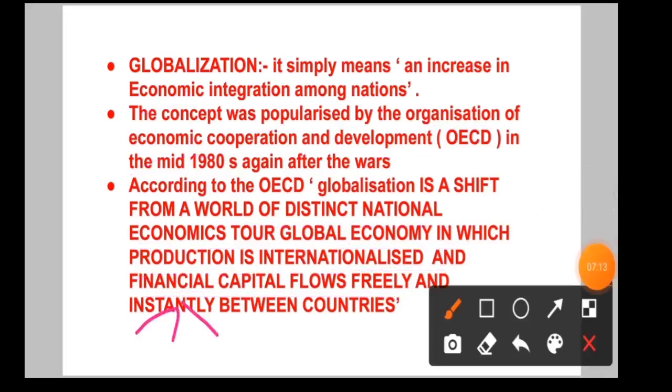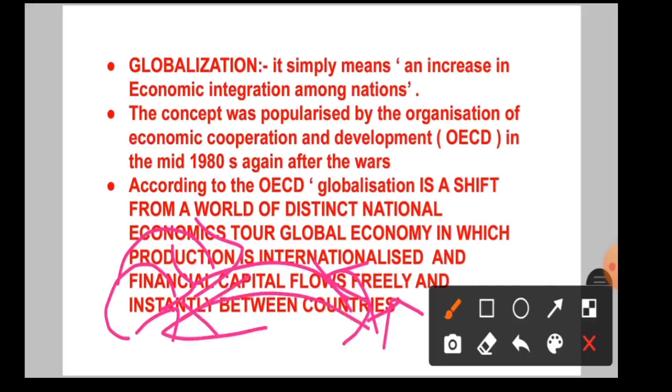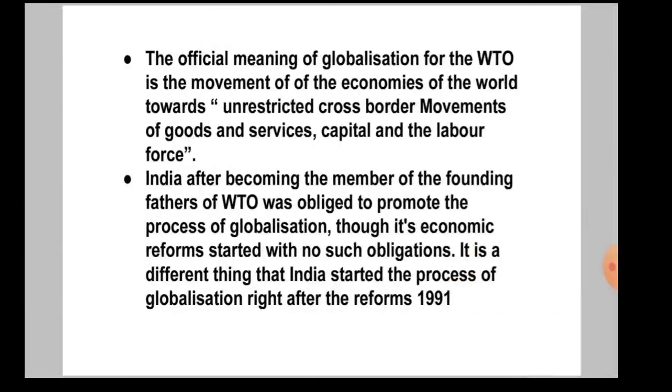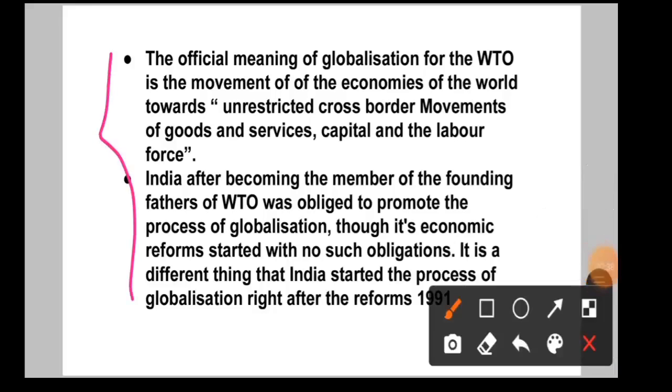Production happens across countries and financial capital flows easily through transactions. That is globalization. Very important, but do not worry about this. Now let's read a few more lines regarding globalization.